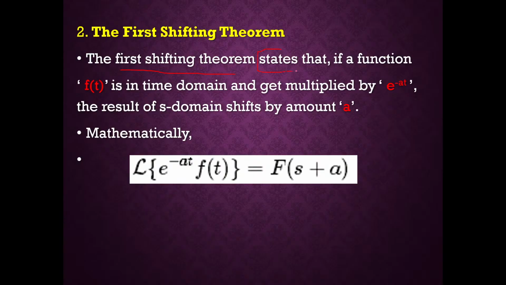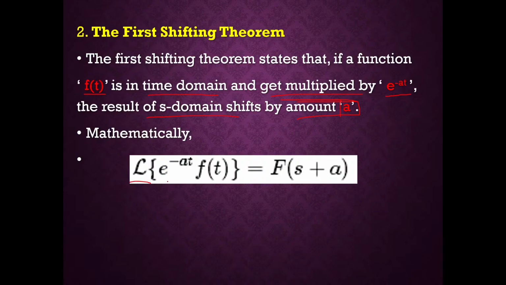It states that if we have a function f of t which is in time domain, of course it is understood that it is time domain because f is a function of time here, and if this f of t is multiplied with e power minus at, then in S domain, when you take the Laplace of f of t multiplied with e power minus at, the function will shift by an amount of a. Let us see how it happens.